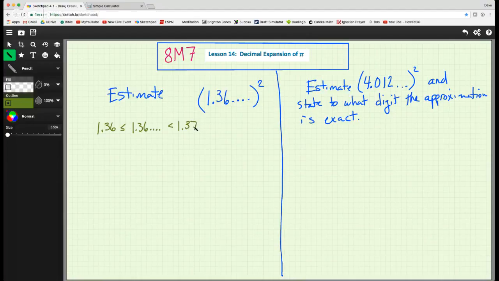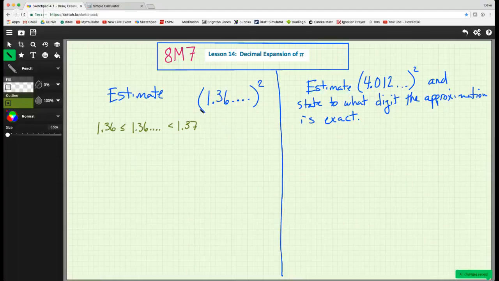We know that 1.37 is bigger than this number, and 1.36 is either equal to this number or less than this number. Because if these were all zeros, then this number would be 1.36. But if there are any digits in here at all, like 0, 1, 2, then this number is bigger than 1.36.